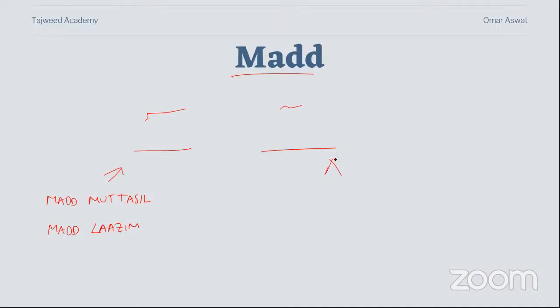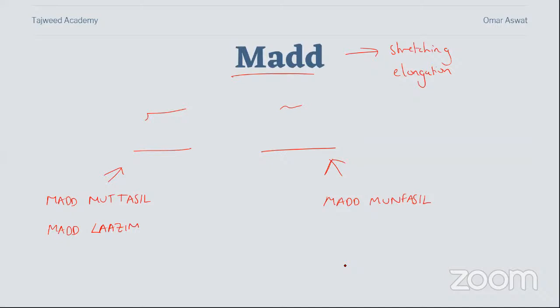And this symbol will come with something called mad munfasil. Mad means stretching or elongation, whatever you want to say. Because with the beauty of the Arabic language, when you're translating back to English, you can have so many different translations.